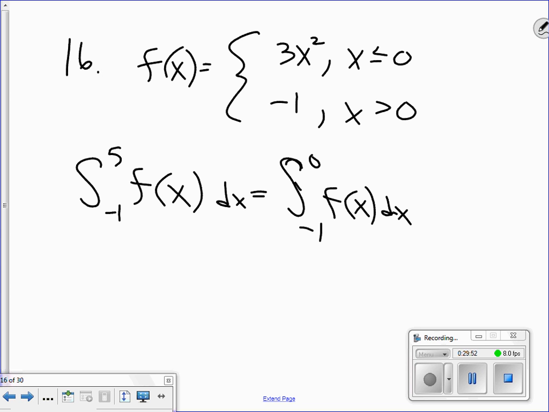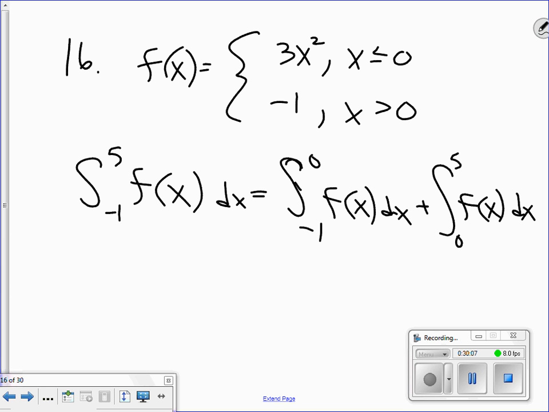The next one would have to be from 0 to 5 if you want to get the whole thing. Then you can plug those things in.